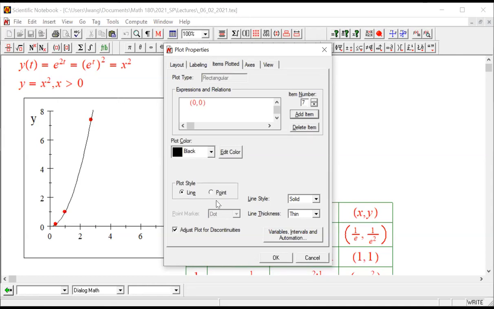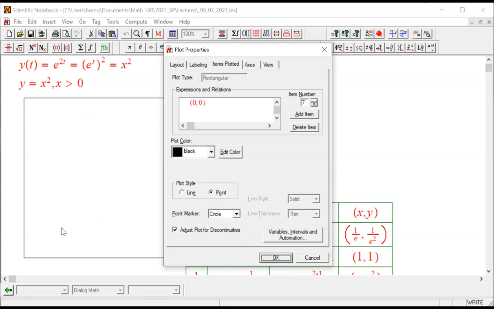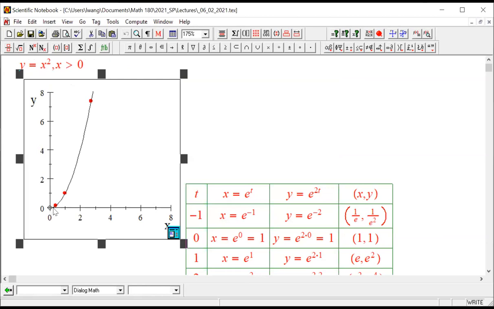So on the origin, I'm going to put a circle. You see that? So this is a parabola, half of the parabola. It doesn't touch 0, 0. And this will be the curve. And then to complete the graph, you're going to put an arrow on each end.